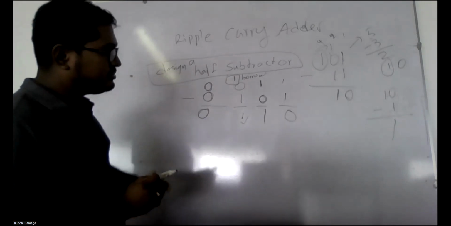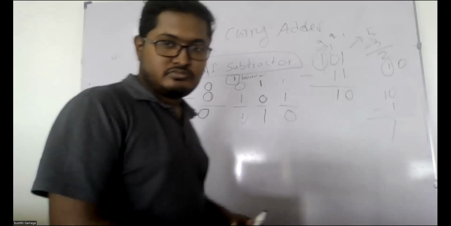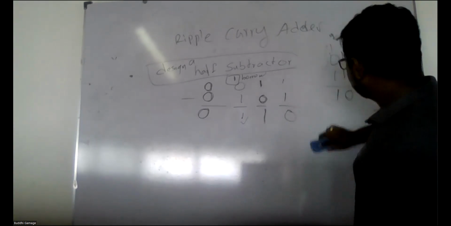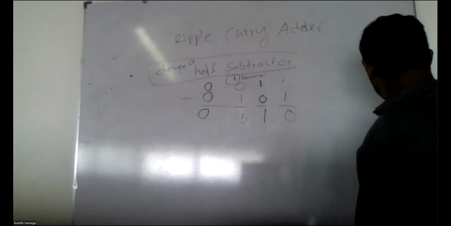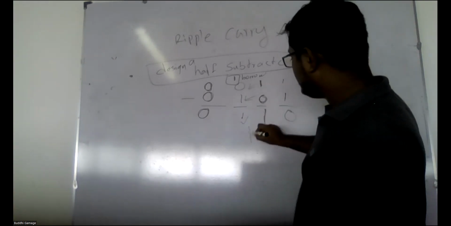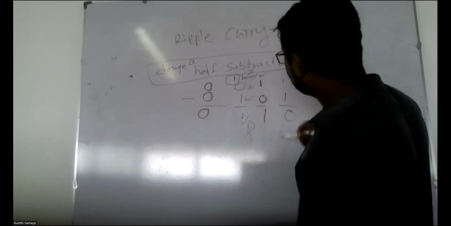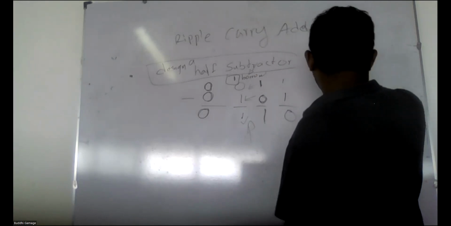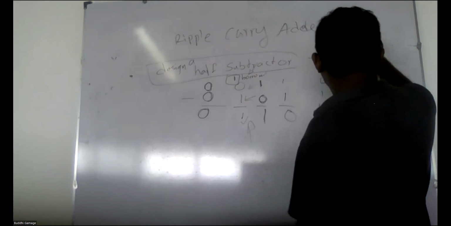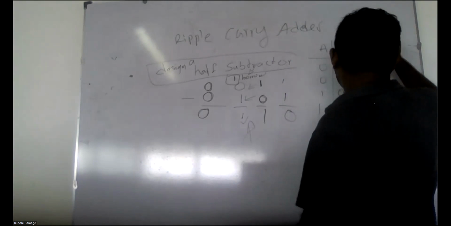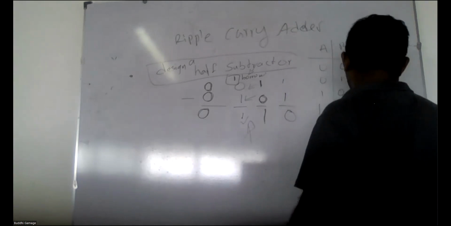So when we are designing the truth table for this one, what are our inputs? We have two inputs and we have two outputs. This is one output and this is one output. So A, B: 0 0, 0 1, 1 0, 1 1. And this is the subtraction, the difference value, and the borrow.